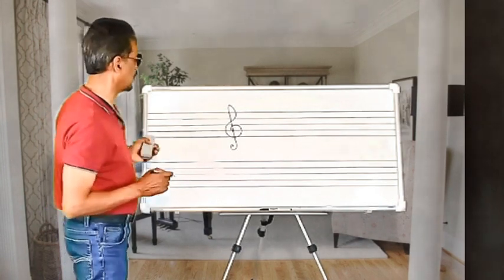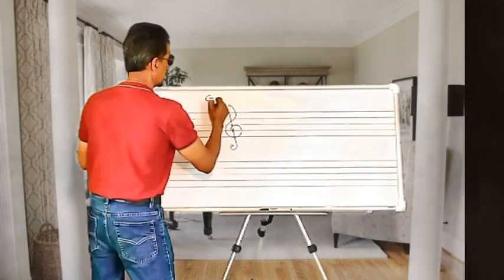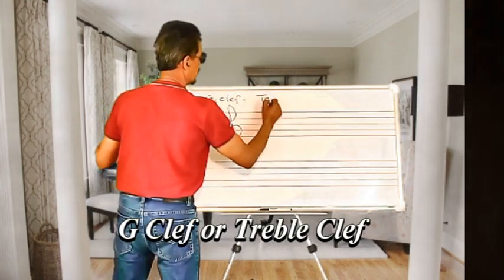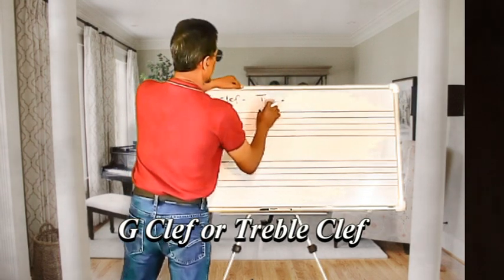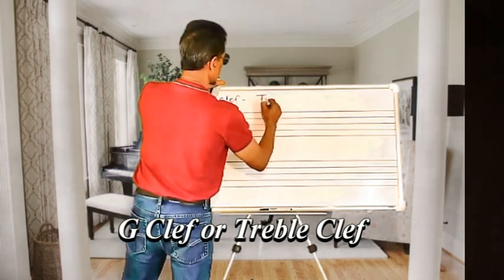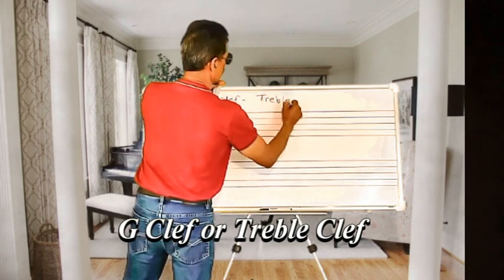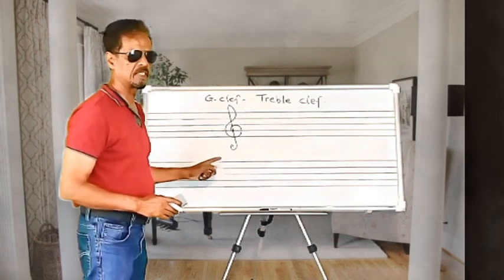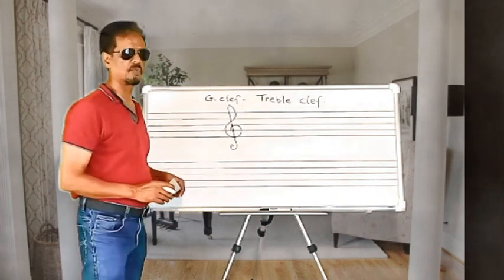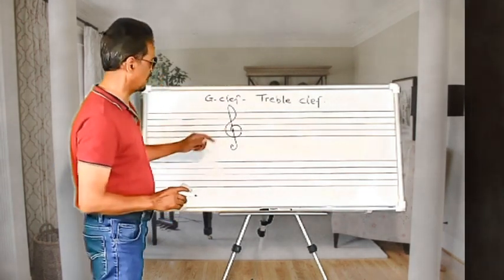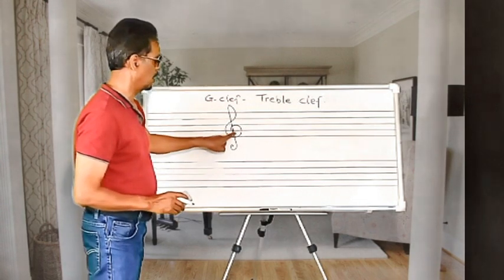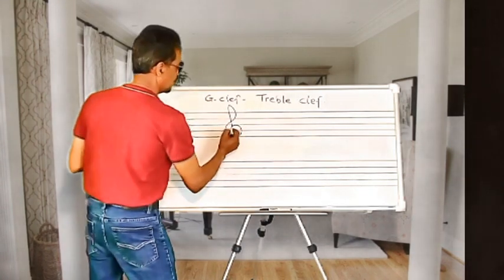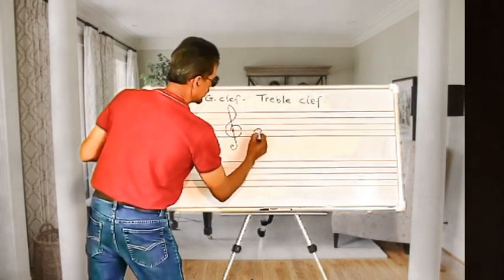This we call the G clef or the treble clef. This sign is called the G clef or the treble clef. This sign now fixes the names of the notes, meaning that the note on this line is the G.